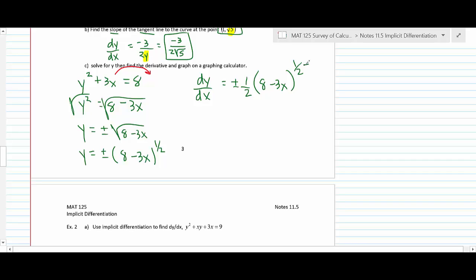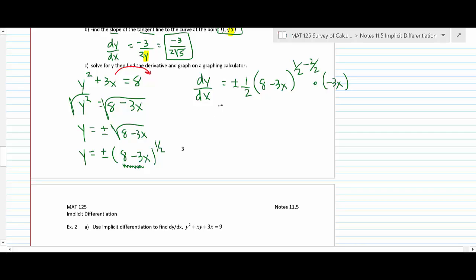You can do that in your head. I'm going to write down what I'm doing. What else do you have to do? Derivative of what's inside. This is a chain rule. You have a function inside of another function. So when you do the derivative of what's inside, what is that? Negative 3x.